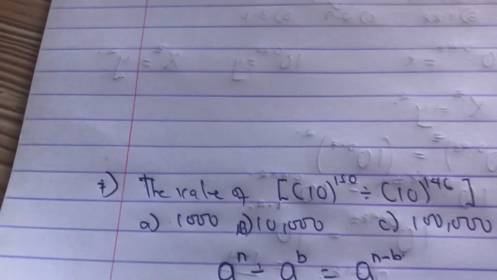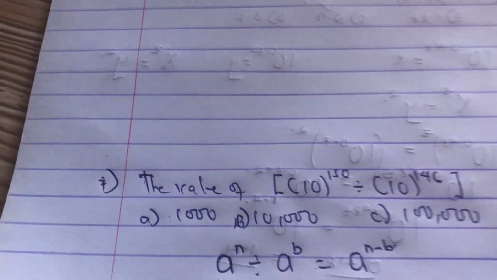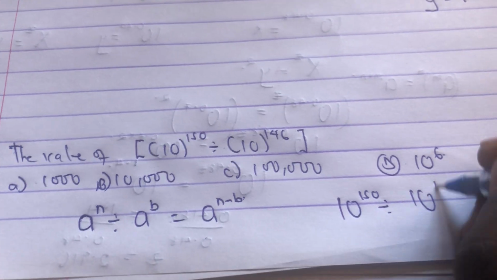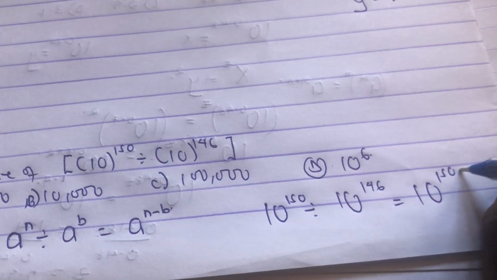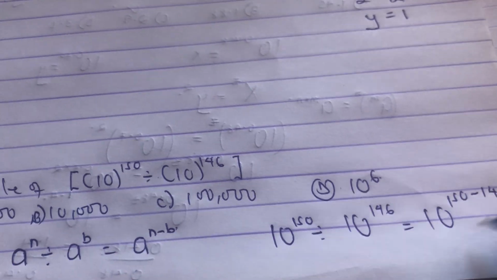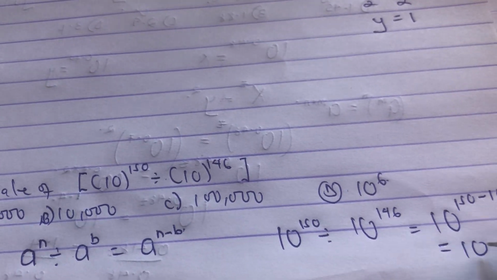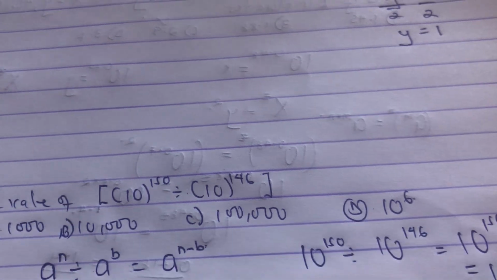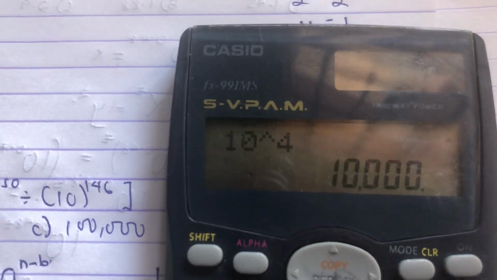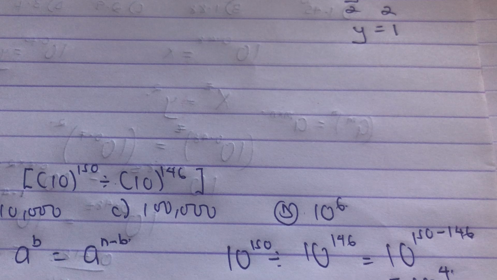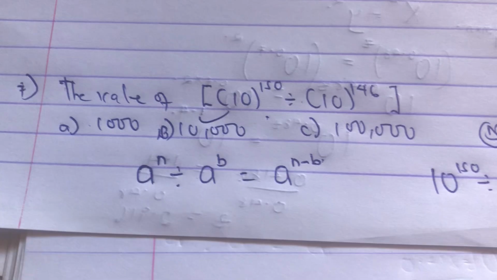So when we say this will be 10 to the power 150 divided by 10 to the power 146, it is the same as 10 to the power 150 minus 146. So this will leave us 10 to the power 4, which will be 10,000. And you look for the answer, so the answer will be B.